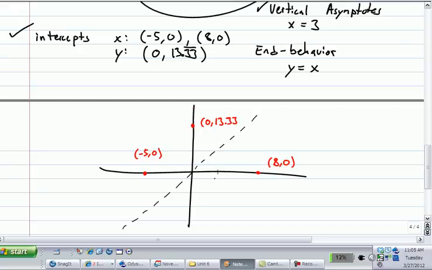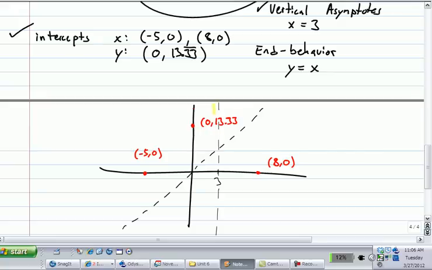Okay. So we're going to do the left of the vertical asymptote. Now you've got two options, guys.